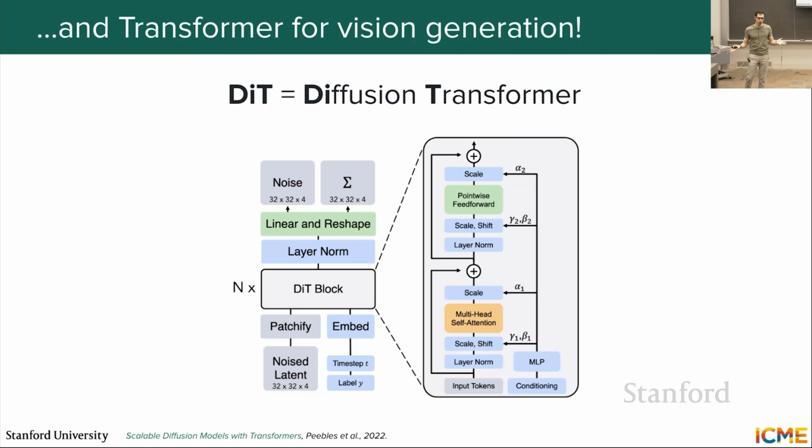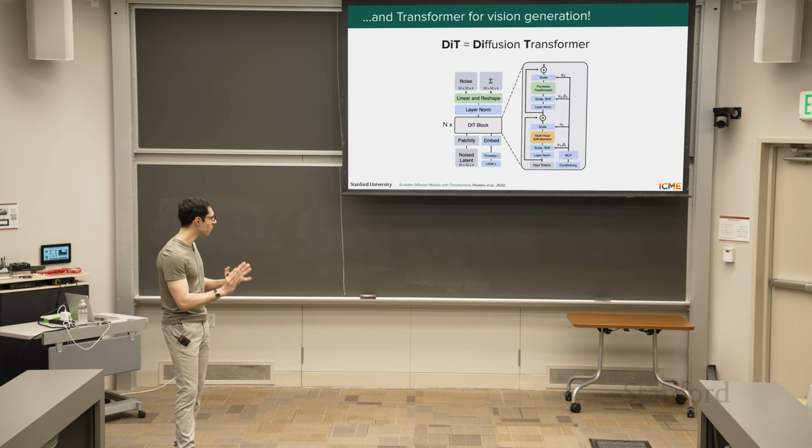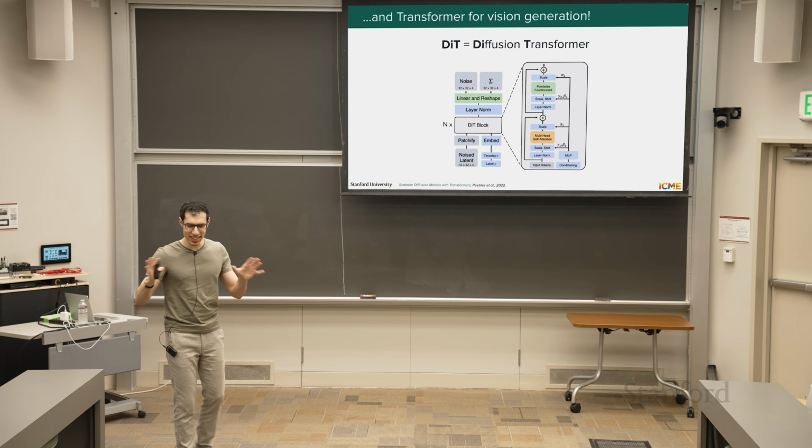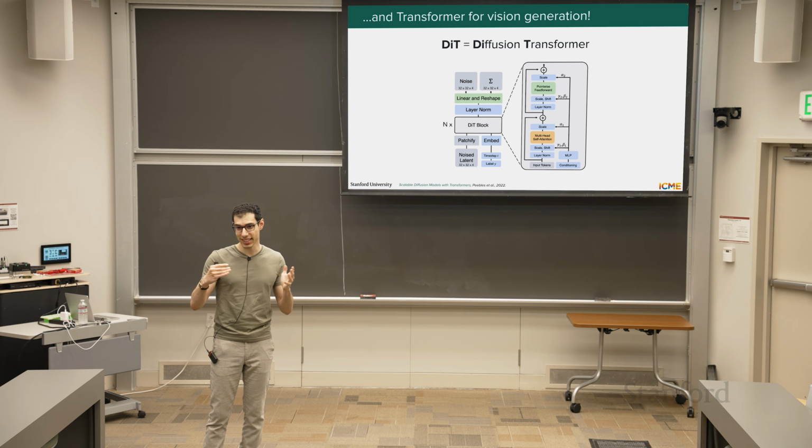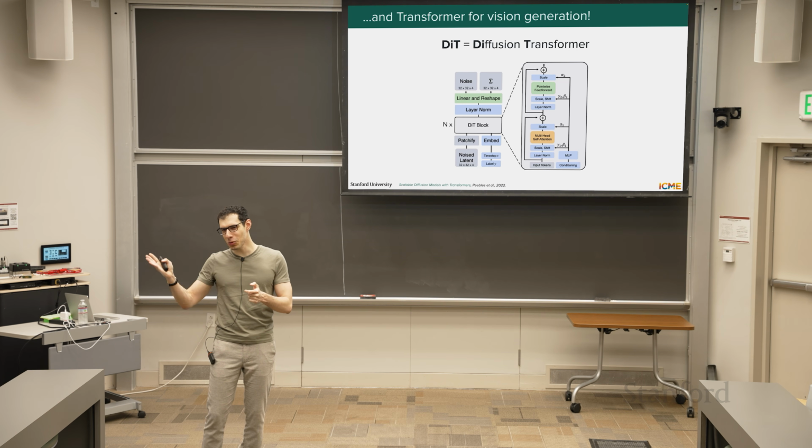And let me introduce you to the vision generation equivalent, the Diffusion Transformer, which was introduced in 2022, and which is also relying on the self-attention mechanism. We're going to see exactly how, but the idea is very similar. You take a noisy latent as input, and remember the wish list that we had.